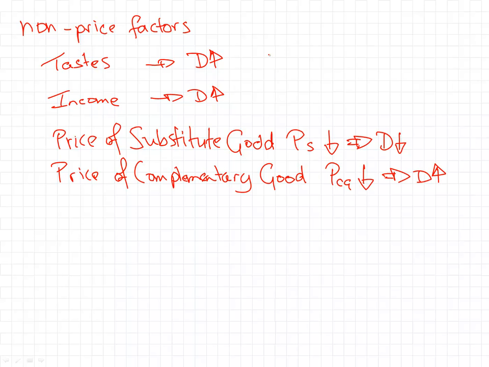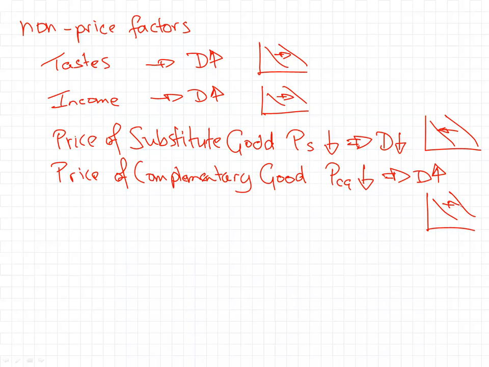And again, these are all shown, and I won't do the full graph, but as a demand shifting to the right. If demand increases, it shifts to the right. If demand decreases, we show it as a demand curve shifting to the left. And again, last one, demand increasing, therefore we show it as an increase to the right.